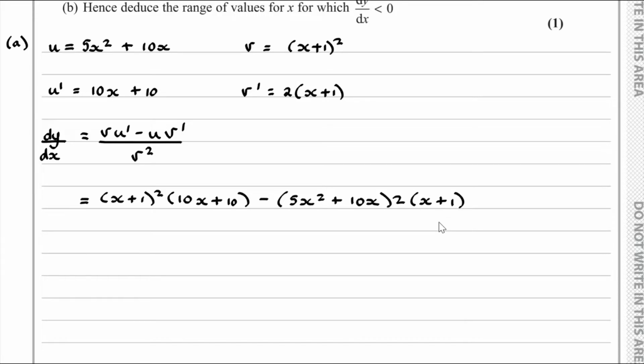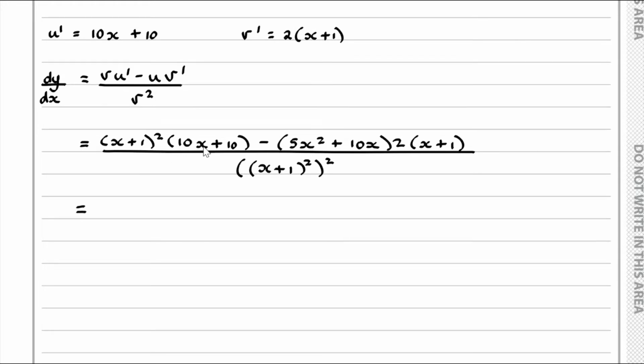And we then divide this result by v squared, so we have x plus 1 all squared, squared. And if we tidy all this up, we have the following.